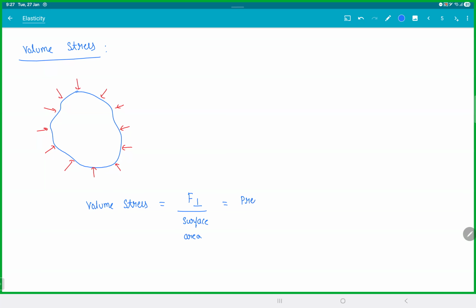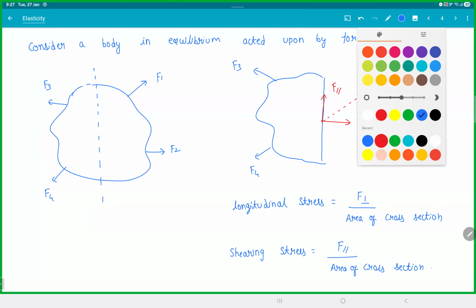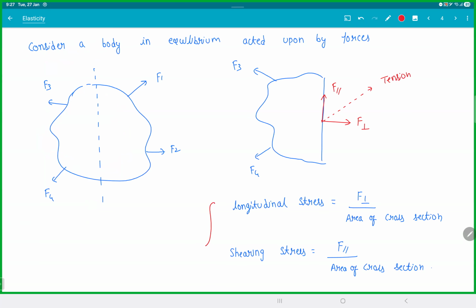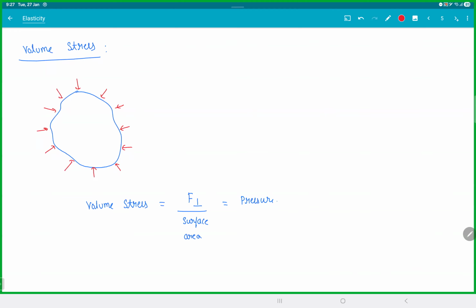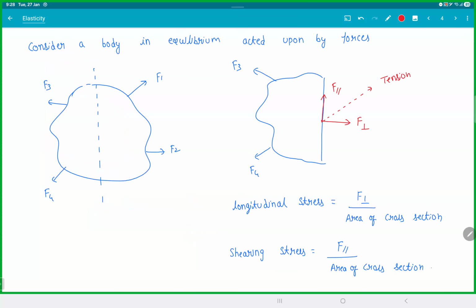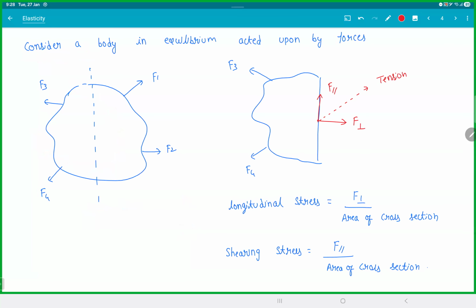So be careful, the previous two things are not pressure. These are not pressures. This is area of cross section. Pressure is surface area. Just because you saw force by area, don't think it is pressure. So what is this exactly then? What is stress exactly? This is not pressure.